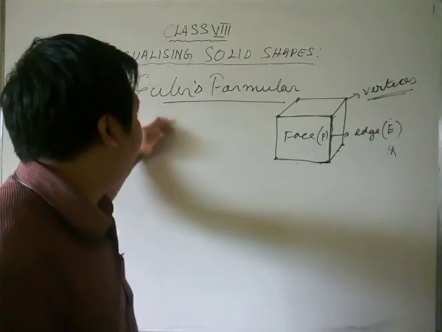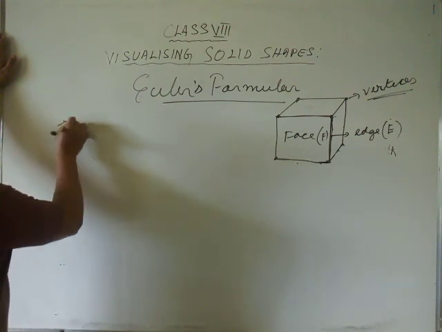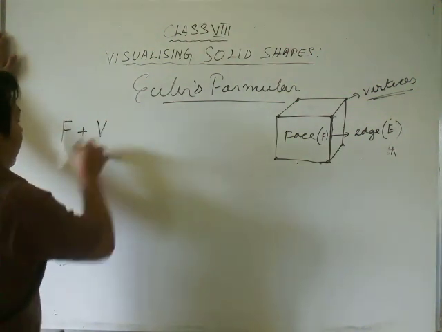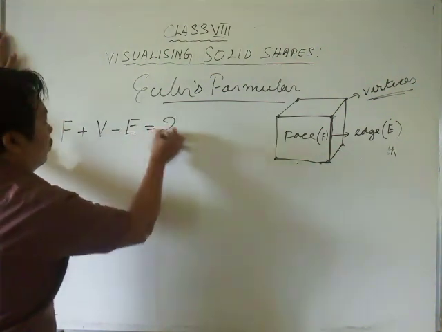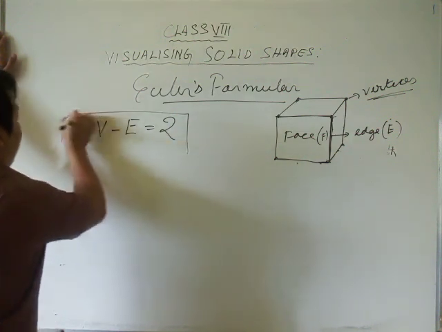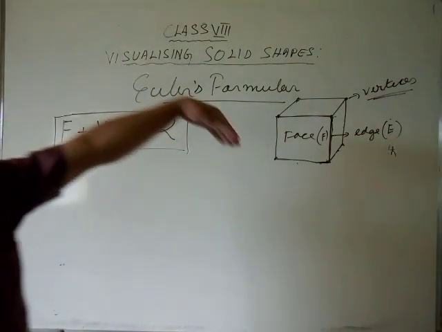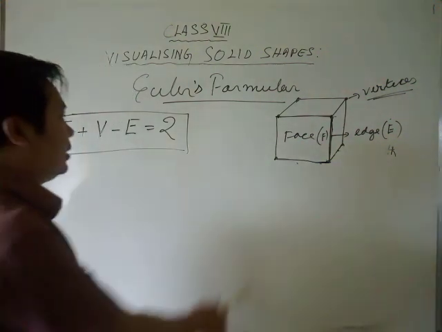We have this Euler formula, and my Euler formula is saying that F plus V minus E equal to 2. This formula is very important to learn, to find out the number of vertices, faces, and edges.